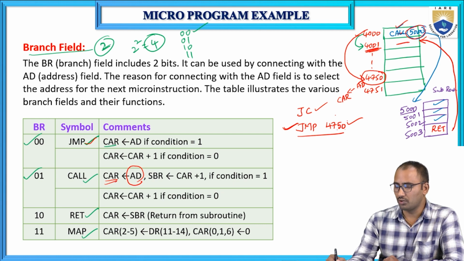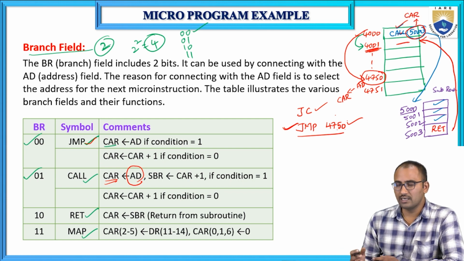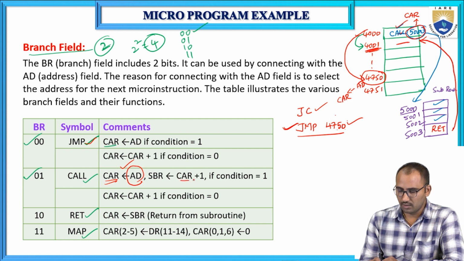It is 5000. I am loading this address into the control address register, because if that address is loaded into the control address register, then the instruction at that location will be executed. Next, CAR plus 1, so the next instruction will be loaded.